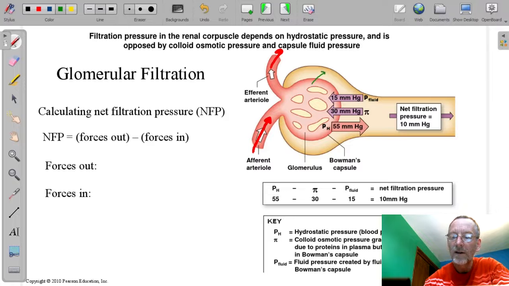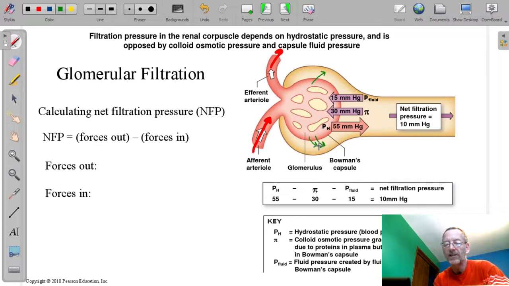We're forcing fluid out of the blood by blood pressure or hydrostatic pressure. And so we're back to the old idea of forces out and forces in. So the main force pushing fluid out is blood pressure.